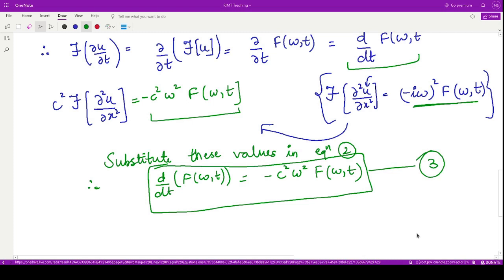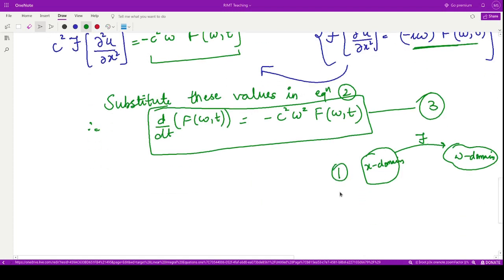Now we have reached the stage where we have moved from this x domain to the corresponding omega domain, applying this Fourier transform. So this was our first step, the next step is to simplify the equation here.